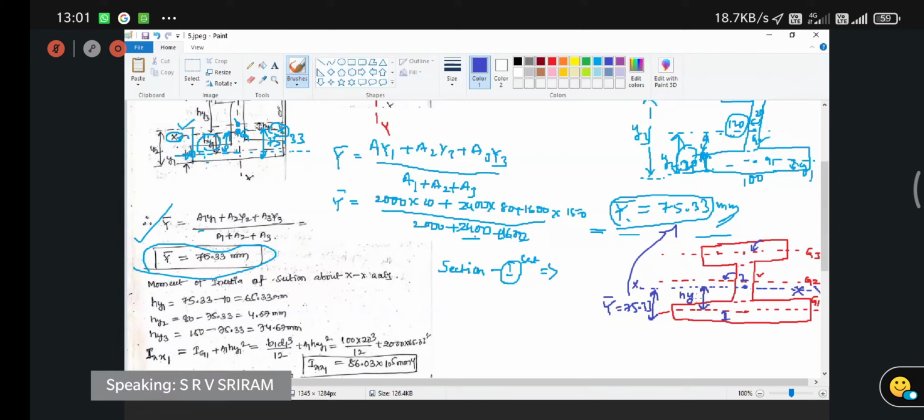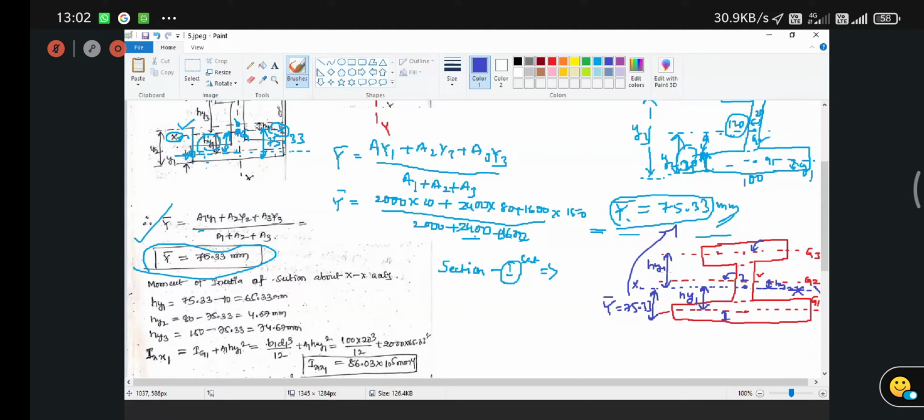This perpendicular distance is h by 1. The distance between the second central axis and the total central axis is h by 2. From here to here, this is h by 3.